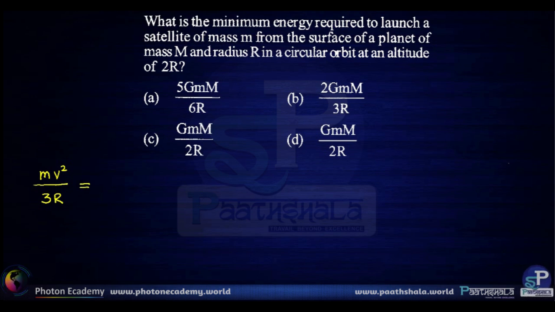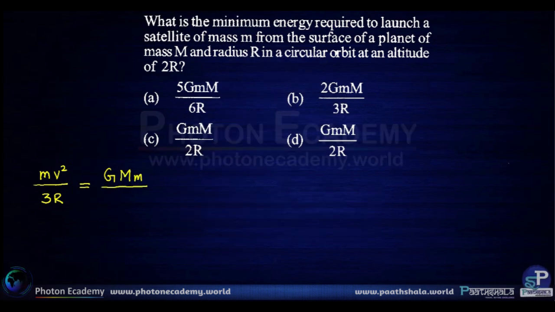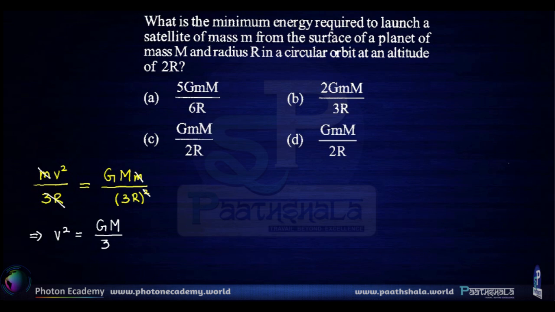This is provided by the gravitational force, which has a magnitude of G capital M small m by the square of the radius of the orbit. Some terms here cancel out and we have v squared is equal to GM by 3R.